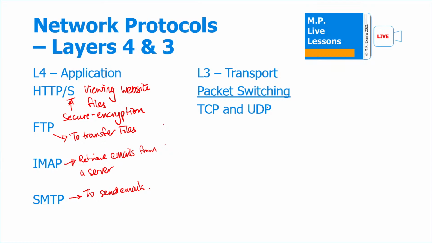So what happens is data is split into smaller chunks, because when you send it over the internet, it might get lost, and it's not good to send it all in one big chunk, because if it gets lost, for example, it doesn't reach the recipient, you'll have to send it again, possibly again. So we split it into smaller chunks, so only smaller chunks will get lost. These are called packets.